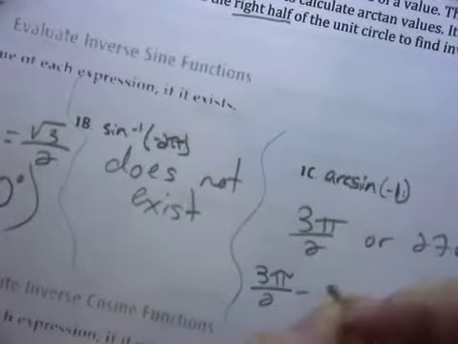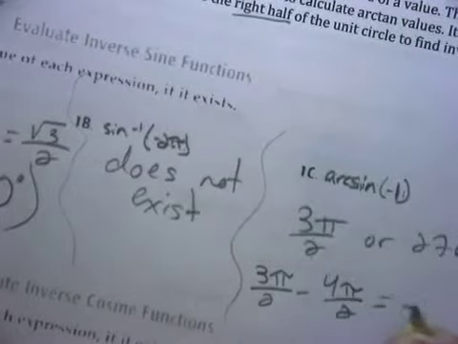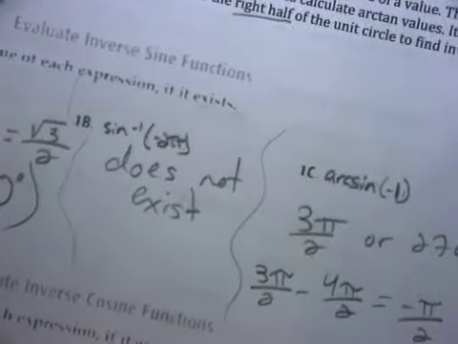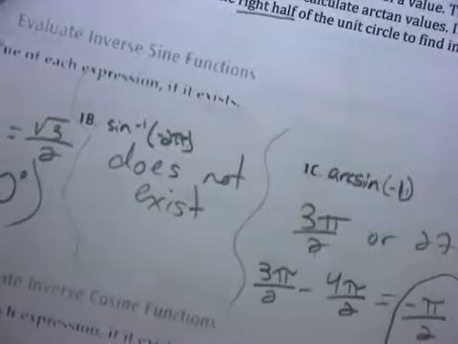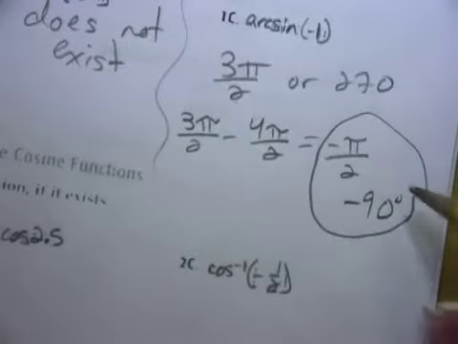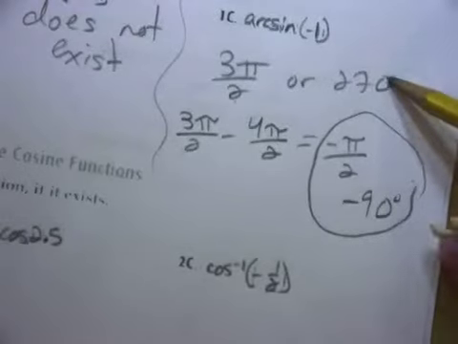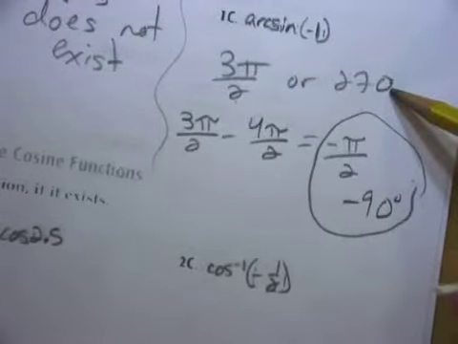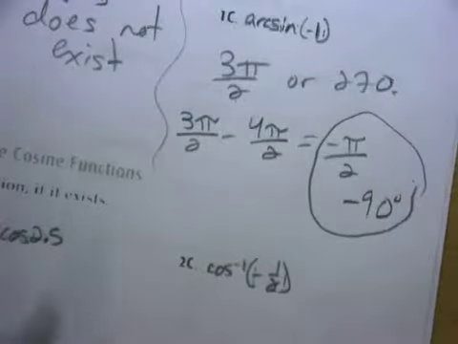So 3 pi over 2 minus 4 pi over 2 is negative pi over 2, which is equivalent to negative 90 degrees. Make sure that you realize these are the correct answer, not these, because these don't fall within our acceptable domain. These do.